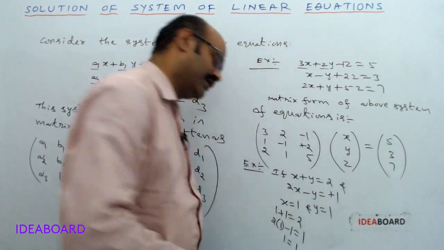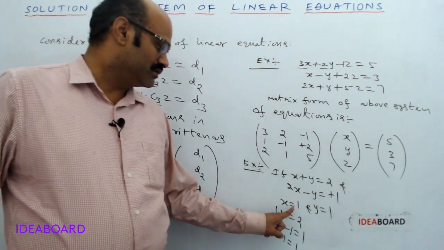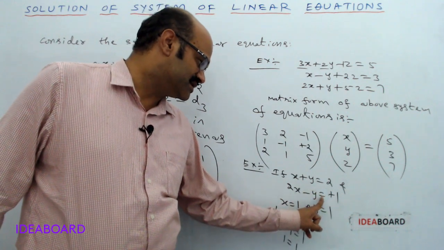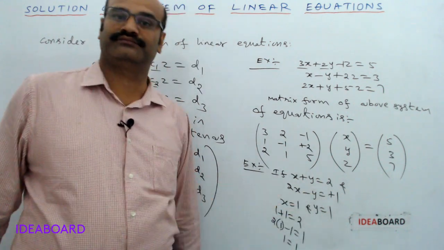So 1 equal to 1. So x equal to 1 and y equal to 1 is the solution of the system of these two equations.